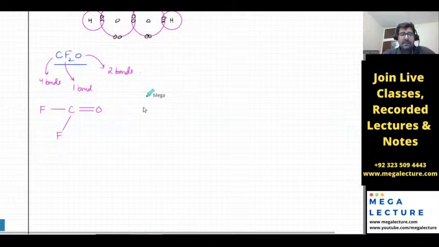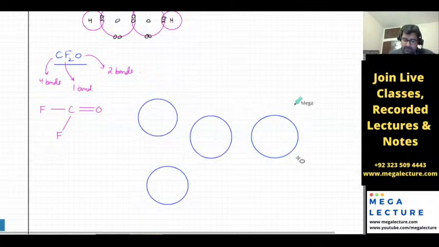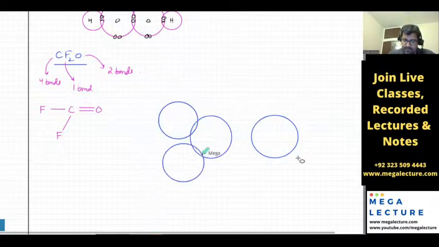So drawing the dot and cross diagram is now fairly easy. I'm going to draw a carbon, and I'm going to draw 2 fluorines, and I'm going to draw an oxygen. I'm just going to follow that. Okay, so that's my fluorine, that's another fluorine. And here comes the oxygen.